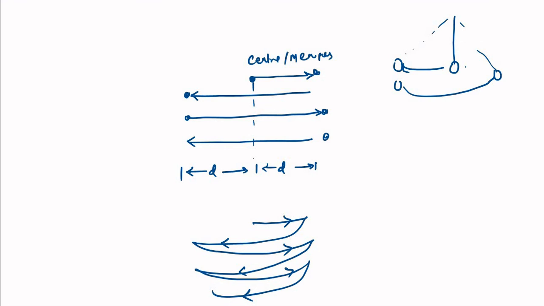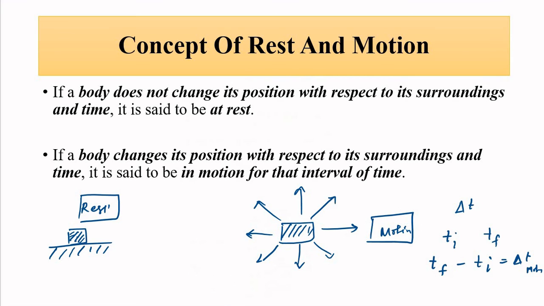So here we have tried to make you understand the concept of rest and motion. When you say that an object is at rest or in motion, it is not that simple. You have to specify what kind of rest it is, relative rest or relative motion, because the concept of absolute rest and absolute motion is non-existent.